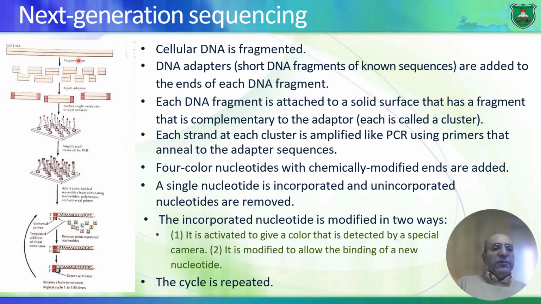Notice that since we have many molecules of DNA and the DNA is fragmented randomly, we're going to have overlapping sequences. Look at this right here. We have 3 fragments, and there are overlapping sequences right here and right there.